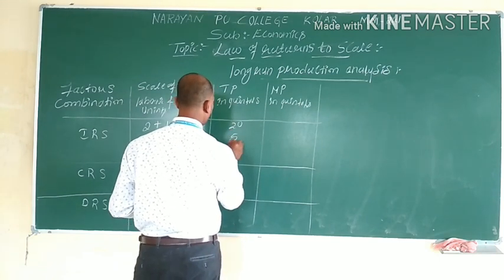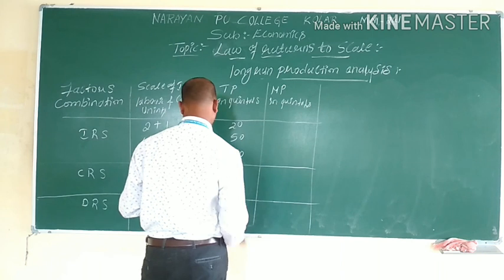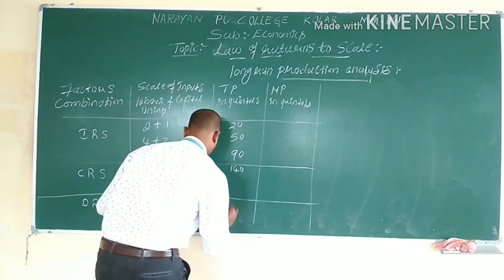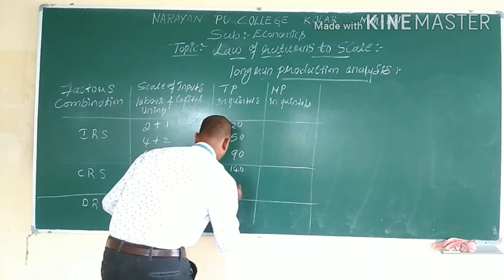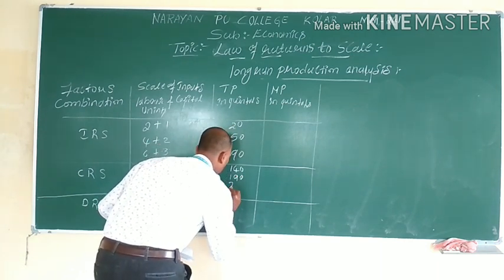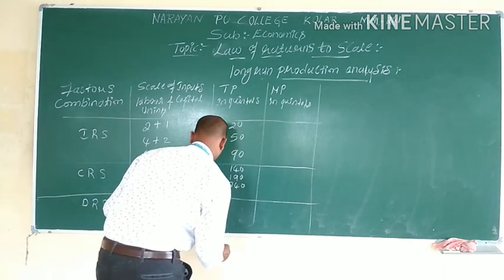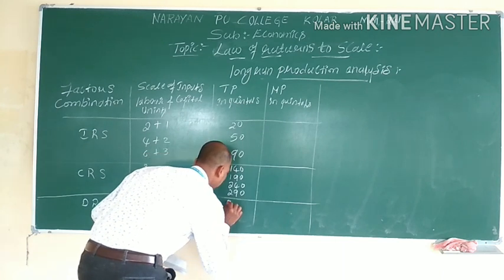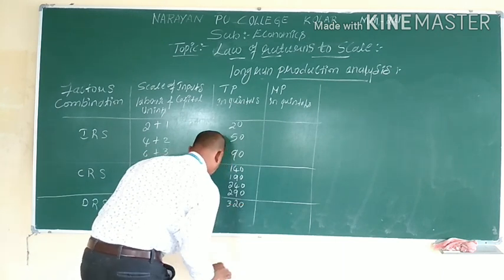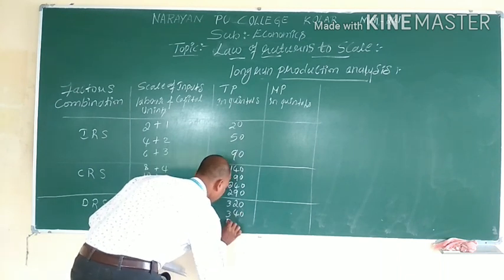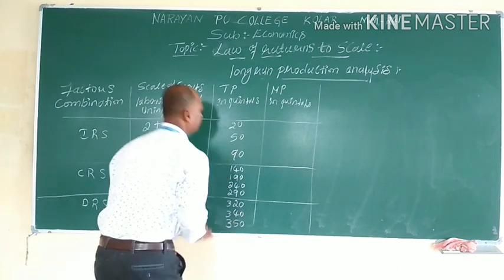20, 50, 90, 140, 190, 240, 290, 320, 340, 350.